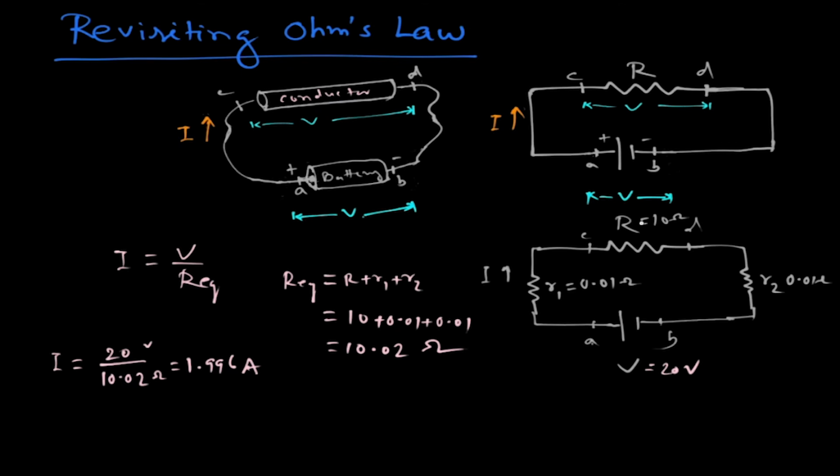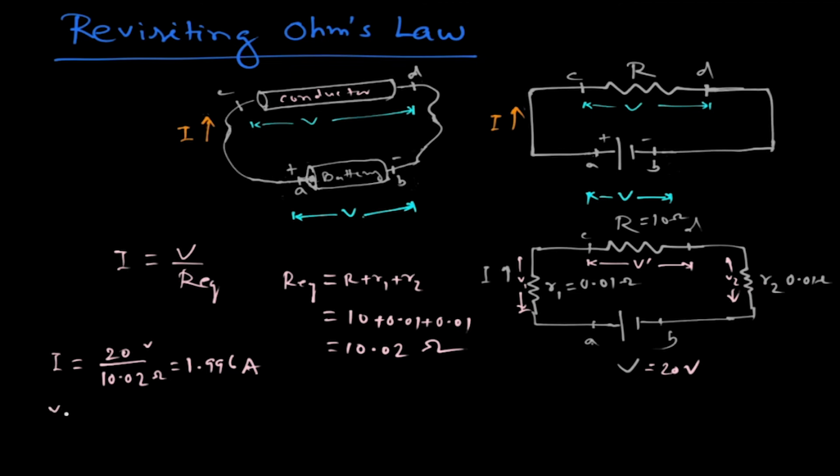Now what is the voltage across these resistances? Suppose the voltage across R is V dash, the voltage across R1 is V1, and the voltage across R2 is V2. Now what is V1?